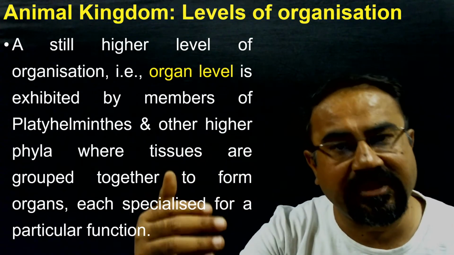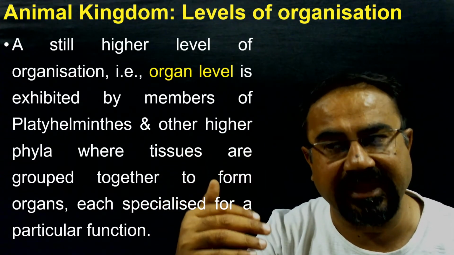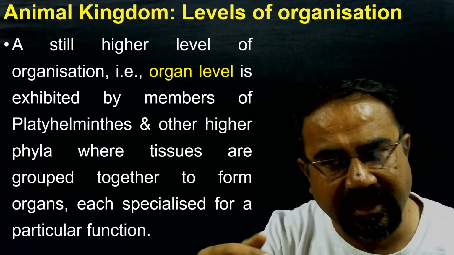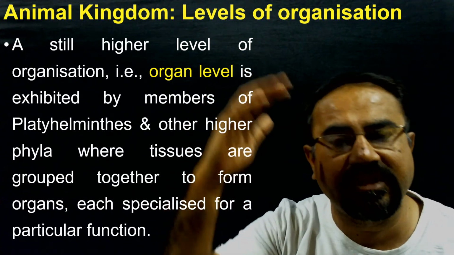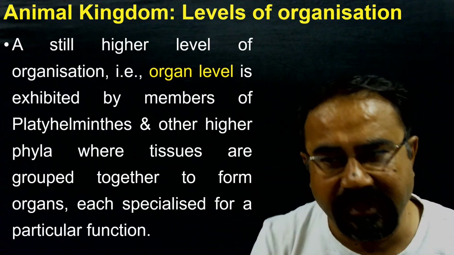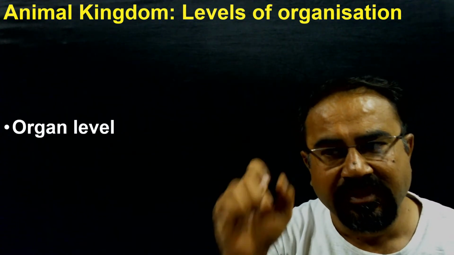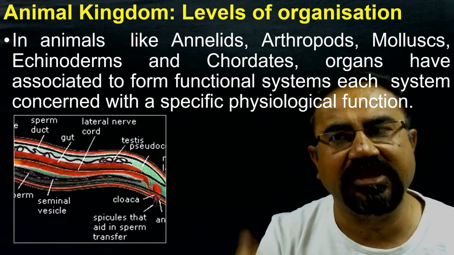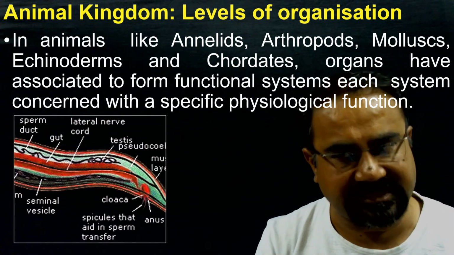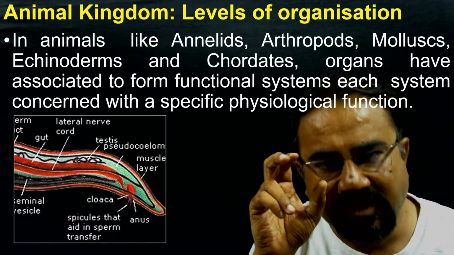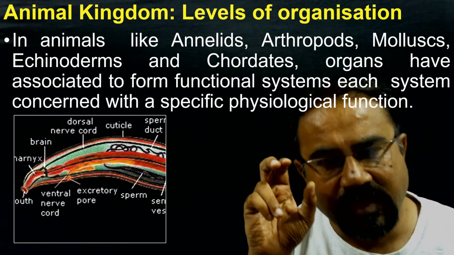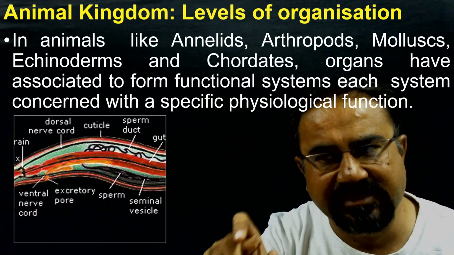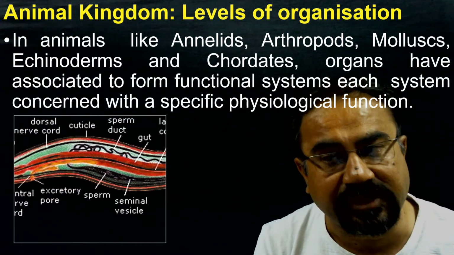उससे भी हम जब higher form में जाते हैं तो organ level पे आ जाता है. प्लेटीहेल्मिंथीस से शुरू करके हम हायर ऑर्गेनिज्म तक जाते हैं तो ऑर्गन लेवल का ऑर्गेनाइजेशन हमें देखने को मिलता है. What exactly is the organ? The annelids, arthropods, molluscs, echinoderms and chordates, in all of them there are organs having a functional particular system, and each system has a certain physiological function.